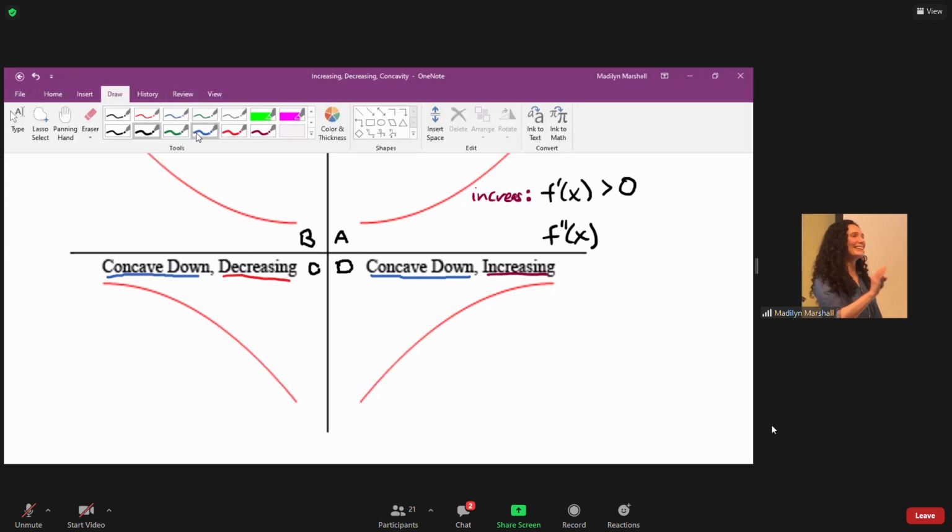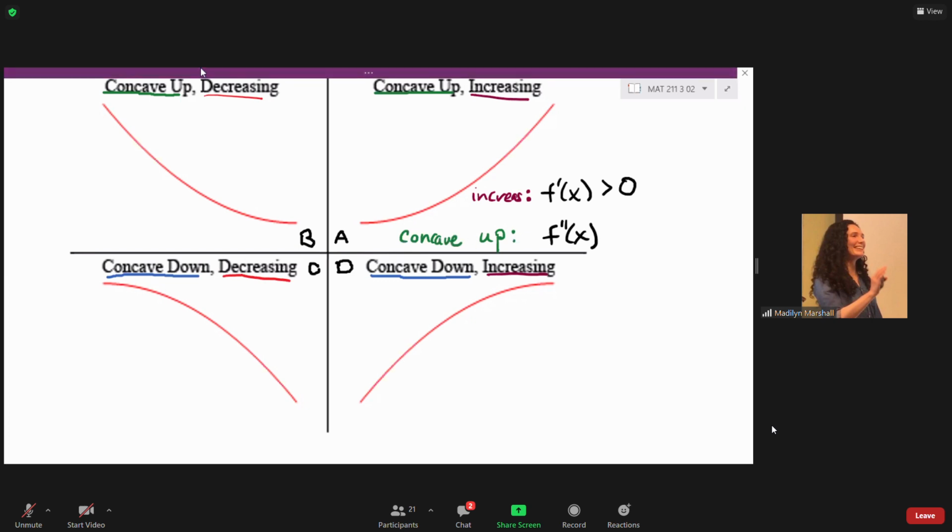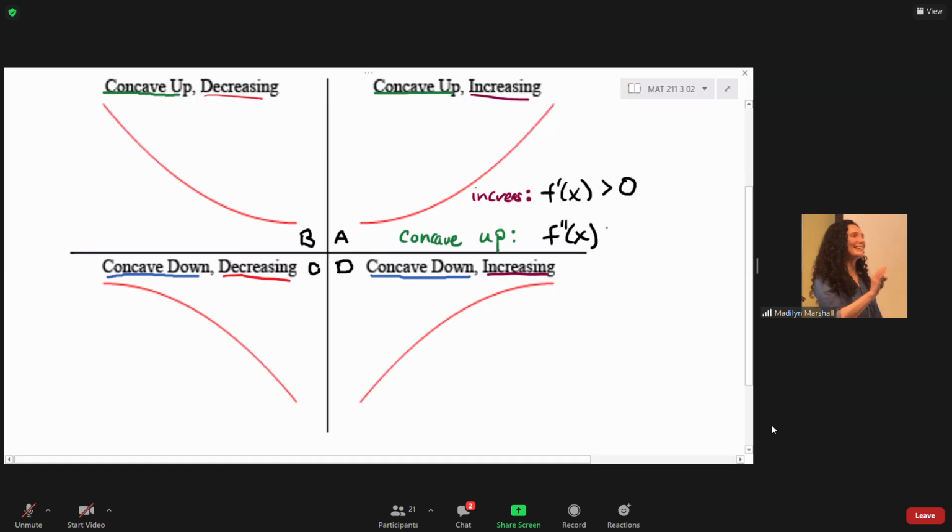If it is concave up, then the second derivative is also positive because the slope is getting bigger and bigger and bigger. The slope itself is increasing.